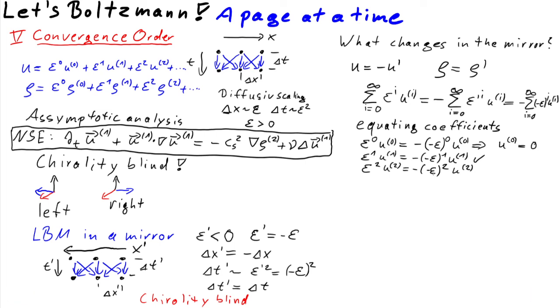So minus epsilon to the square is of course epsilon square, and because there's a minus in between, this would only be true if u to the second order is 0. And this is important because u to the second order is the first leading order error after our solution u to the first order. So if this is 0, the method is second order accurate for the velocity.